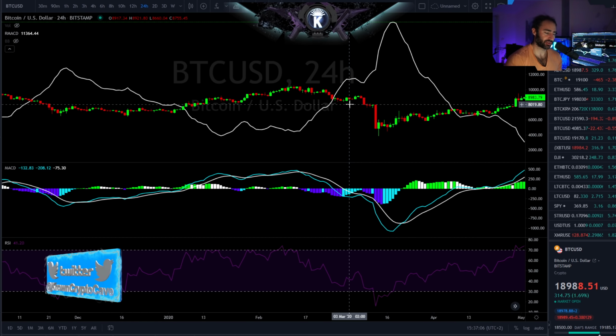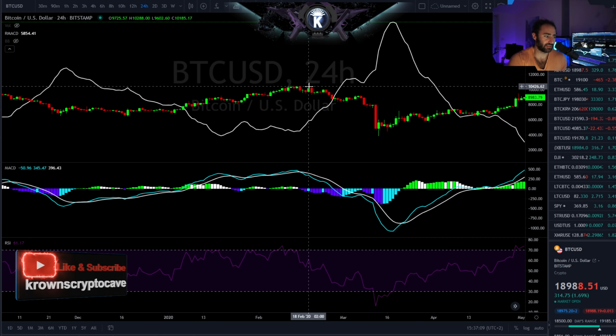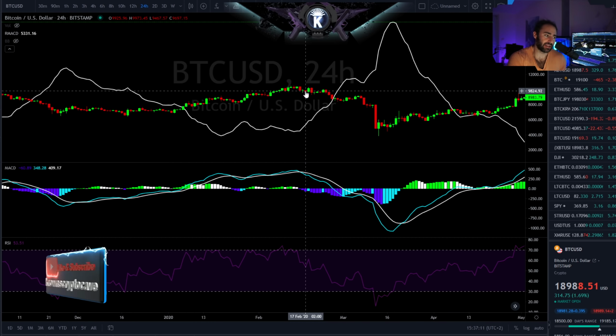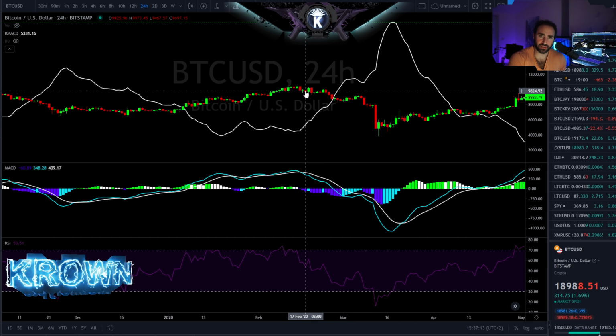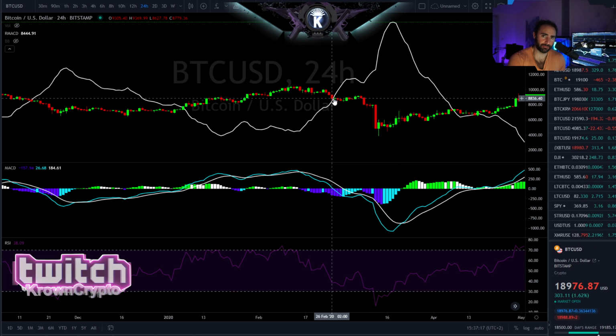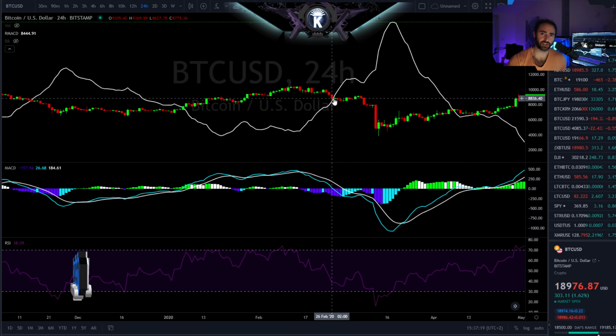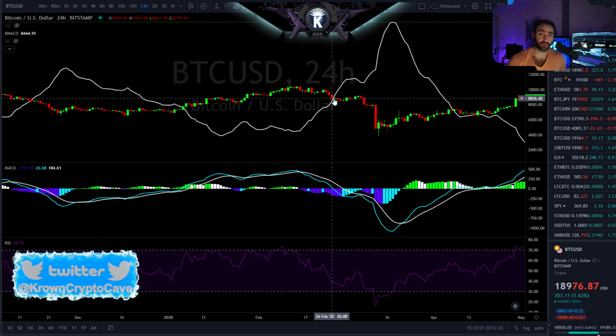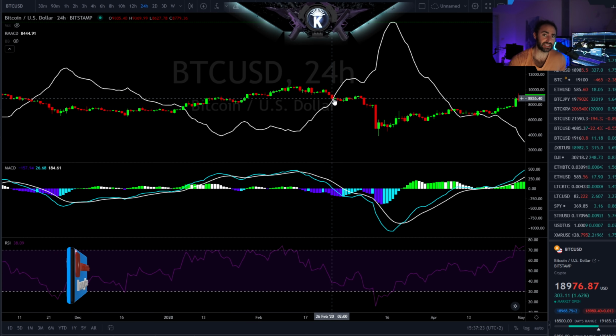Here's what I would postulate though. Yes, this is technically a better entry right here, and yes, you would have made more money, all other things being equal, if you would have entered here as compared to here. But what is something else that we should consider as traders? Opportunity cost, because there is an opportunity cost of being in a trade.